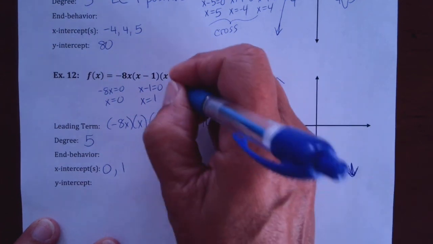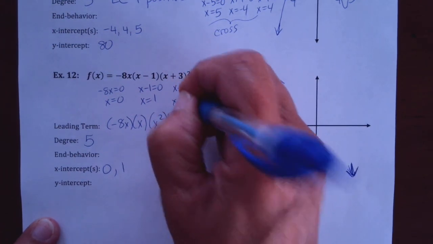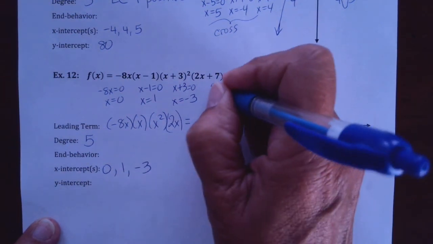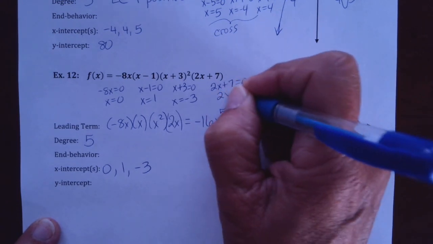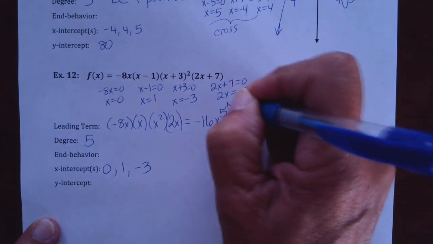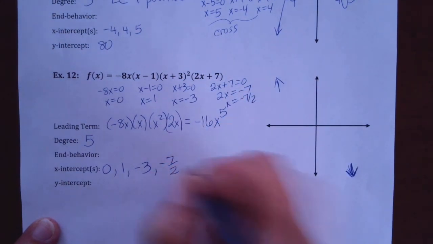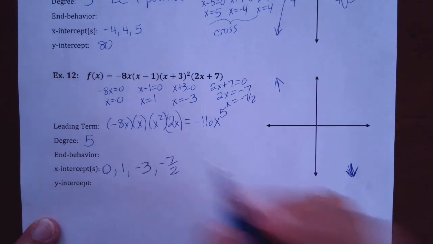Set x plus 3 equal to 0, get negative 3. And set 2x plus 7 equal to 0, move the 7 over, it's negative, and divide by 2. So negative 7 halves.